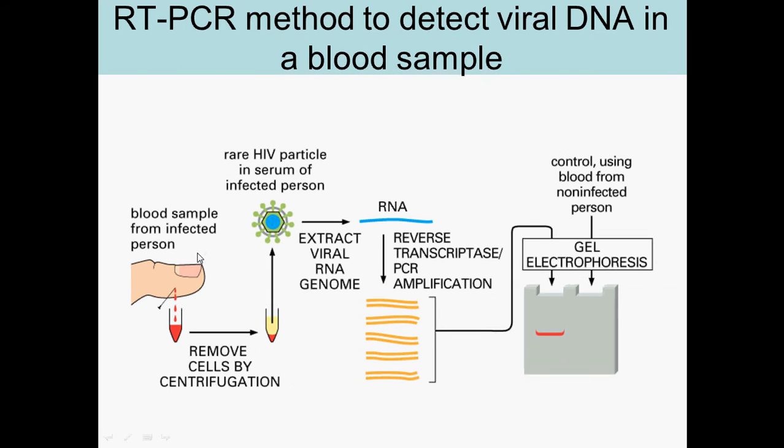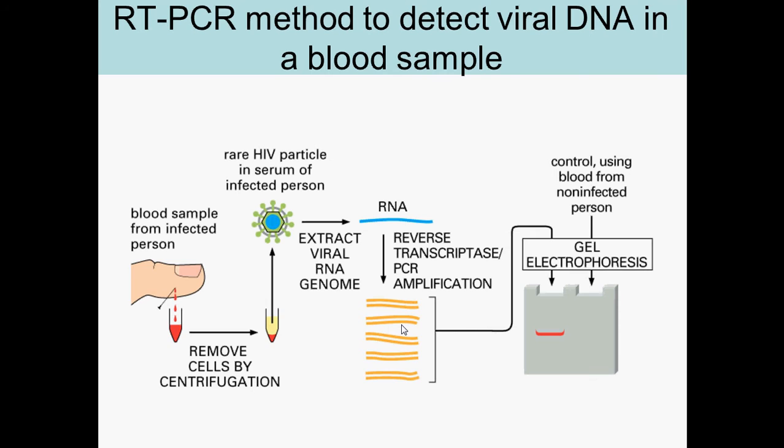So let's say you want to know if a person has HIV. Take some of their blood, and then you have primers for the sequence.